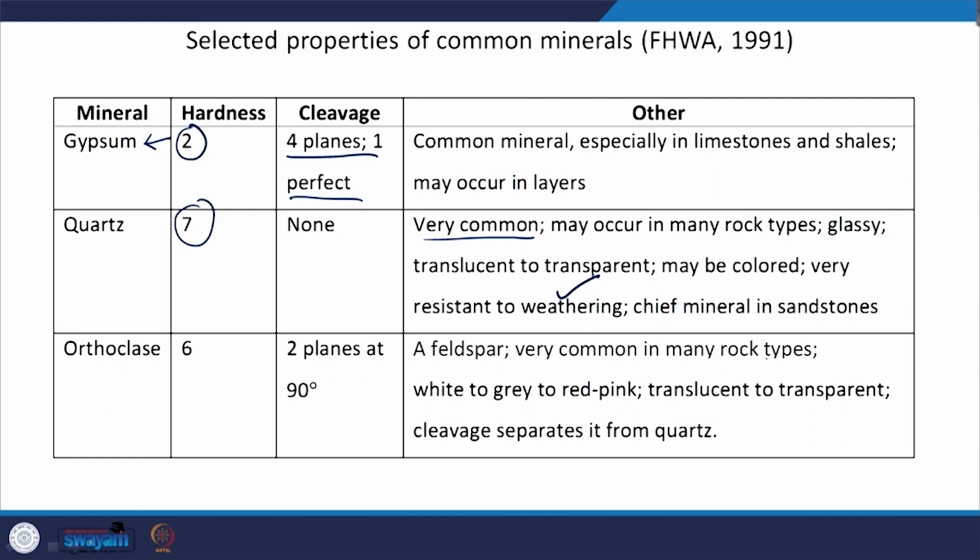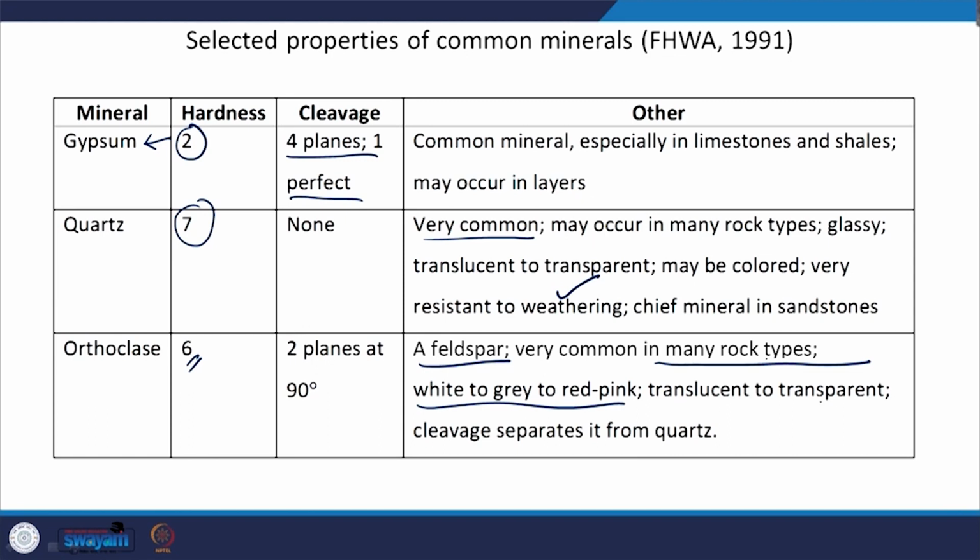It is one of the chief minerals in sandstones. The next one, which has lesser hardness than quartz, is orthoclase, having a hardness of 6 with 2 cleavage planes at 90 degree, and in this one the feldspar, it is very common in many rock types. Then it is white to grey to red pink in color.